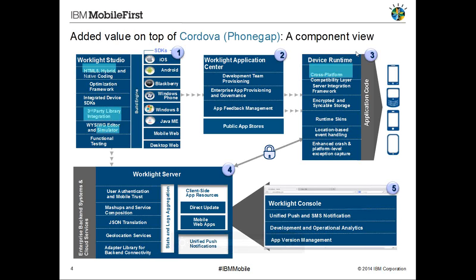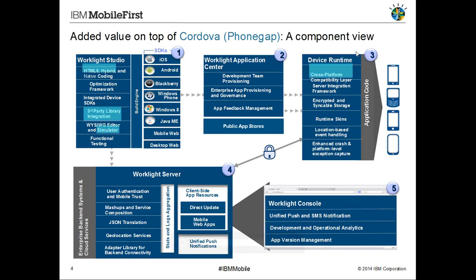Predominantly, what a PhoneGap-based scenario offers is, one, an HTML5 hybrid development library. Second, it gives you a third-party library for integration with the backend. It also gives you a simulator, so I can see how what I'm developing from a UI standpoint looks on the phone. That is what PhoneGap offers from the studio or development standpoint.